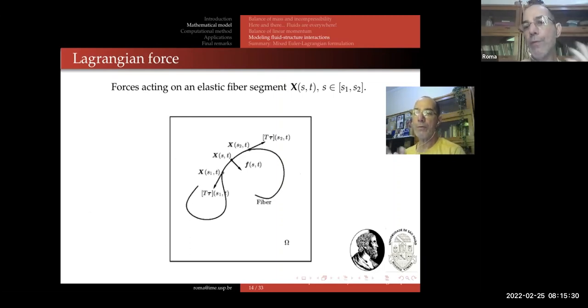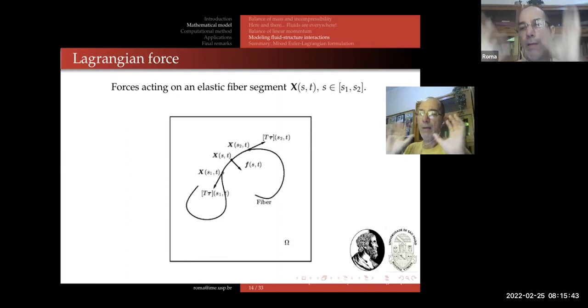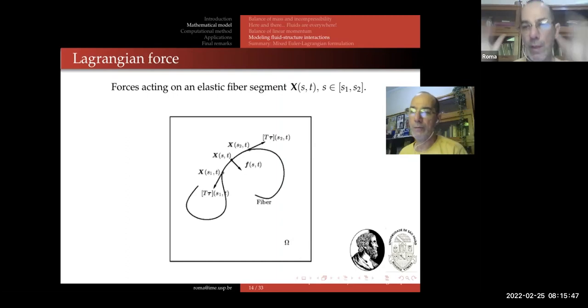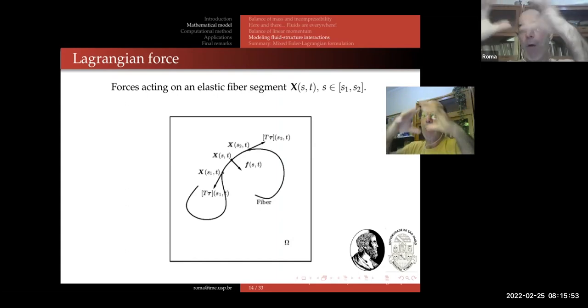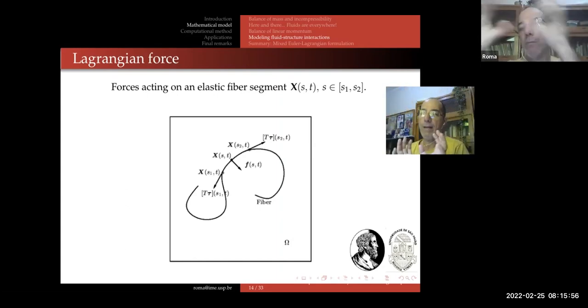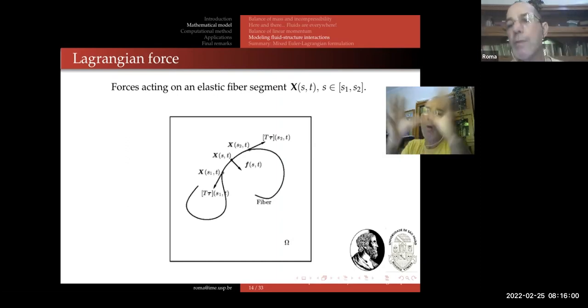For those of you who had an engineering background, it's very common in the very first mechanics courses. You take a structure and you analyze it piece by piece. You remove a certain piece, and you take into account all forces that are acting on that smaller piece of the structure.